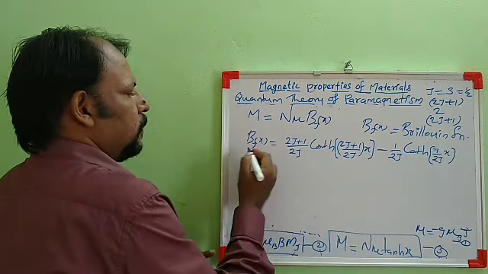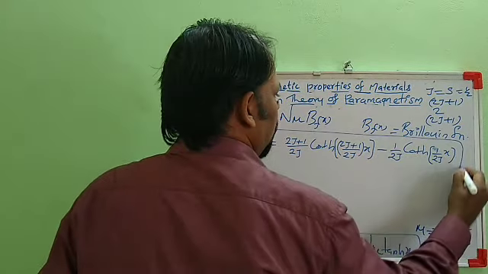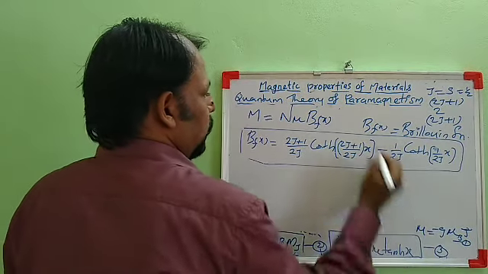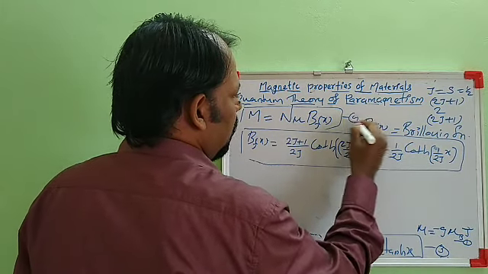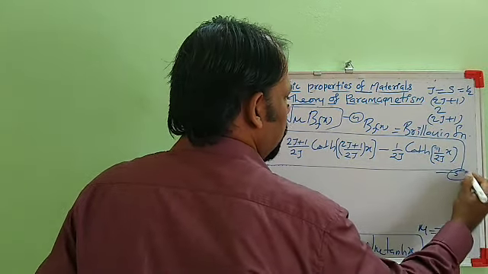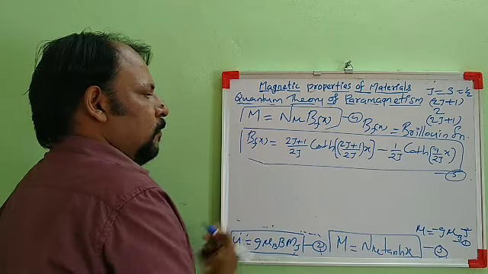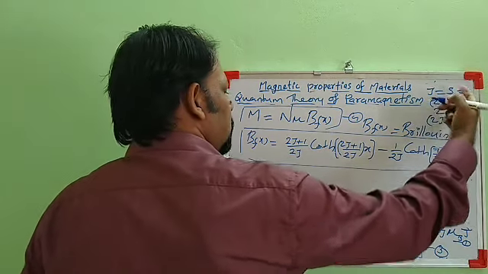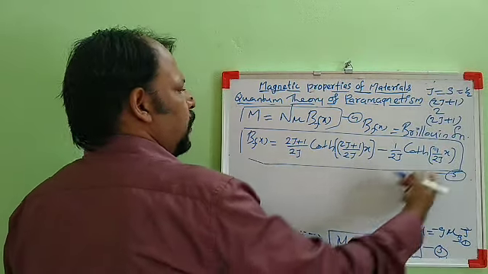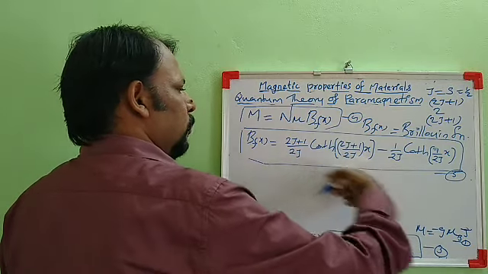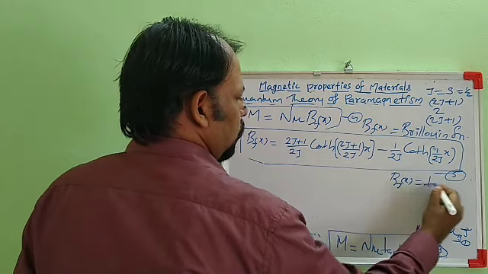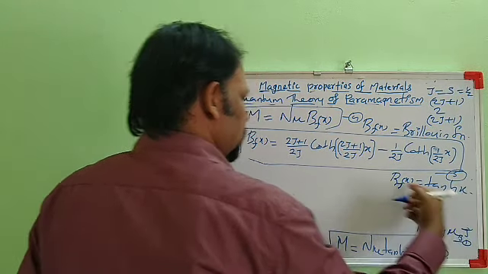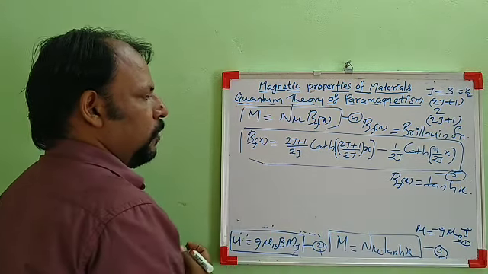So this is the expression for Brillouin function, and this one is for magnetization. This is equation number 4 and this one is equation number 5. We can also show that when J equal to S equal to 1/2, this equation reduces to B_J(x), its value will be equal to tanh x. So this equation reduces to this one.